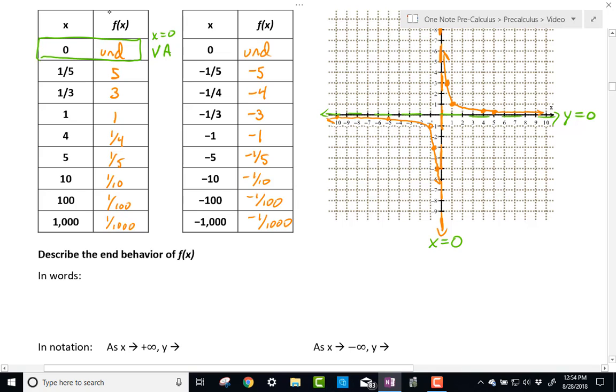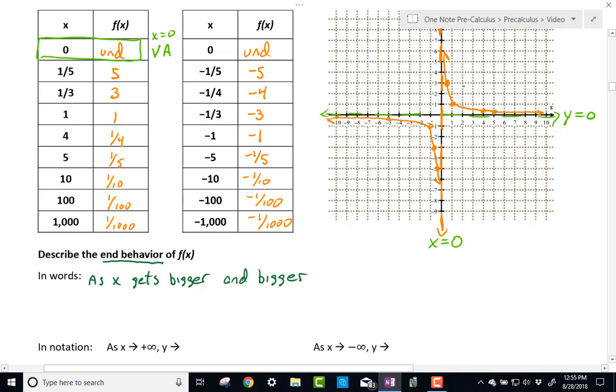Basically, when we say end behavior, we're saying as x gets bigger and bigger, they're asking the question, what happens to y? So that's the right side of my graph.